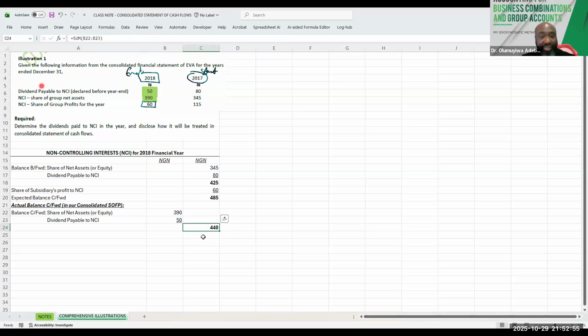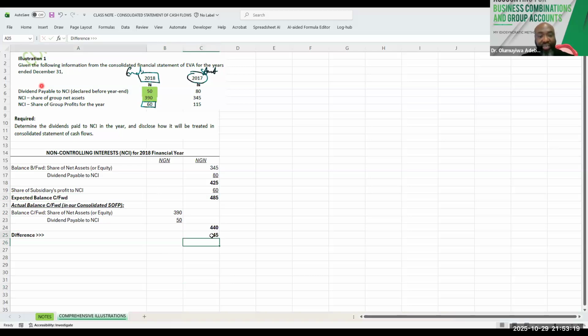The question then is, when I compare 440, what is the difference? And what does that difference tend to be? The difference between my expected and my actual is 485 minus 440.